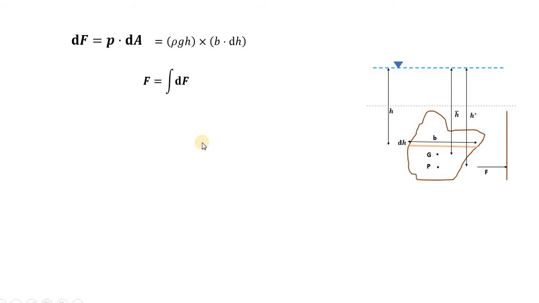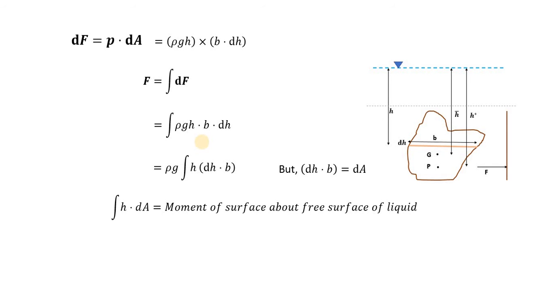So F is integration of dF. Now what is dF? dF is rho g h b into dh. So rho g can be taken out from the integral sign, so it's rho g into integration of h dh b. Now what is dh into b? It's dA. So the integration of h into dA is nothing but moment of surface about free surface of the liquid.